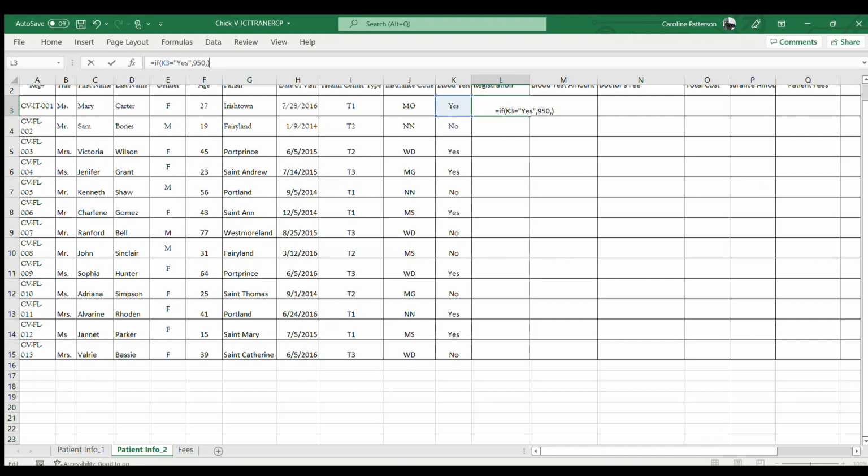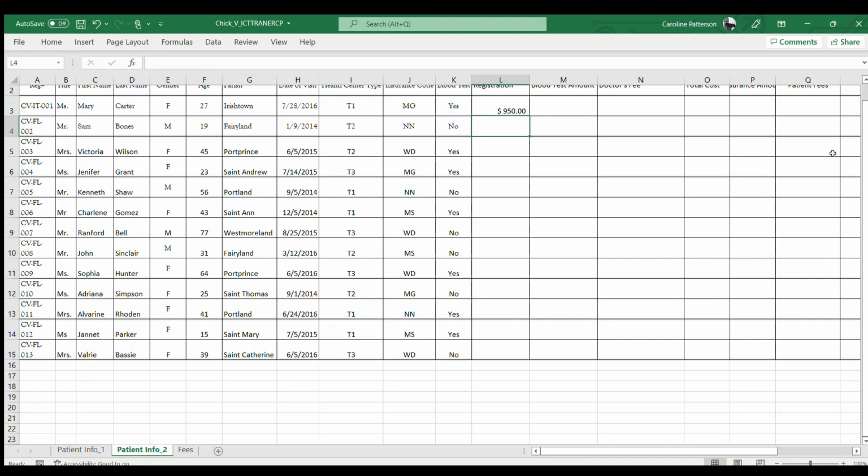And let me fix this formula here. We need a comma and then a 0 to indicate the amount that the person is going to pay if they did not take a blood test. So that amount is going to be 0. So let's go and add the 0 to the formula. Right? So I'm going to go back into the cell where the formula is, and I'm going to put 0 and then close the bracket.